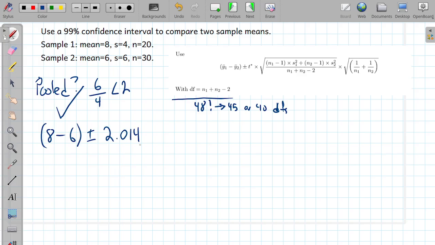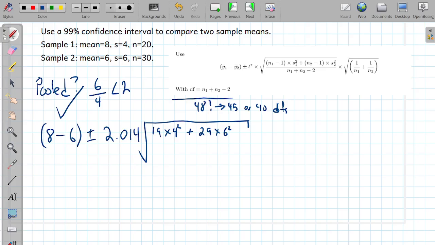Now, we have two square roots we have to construct. So sample 1 minus 1 is 19, multiplied by the variance. Remember, variance is standard deviation squared, so I'm just going to write it that way, 4 squared. And then over here, we have 29 times 6 squared.